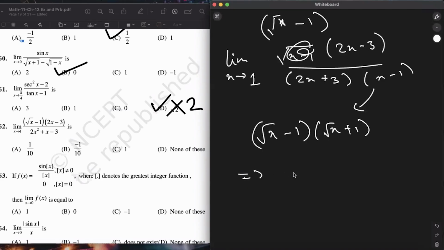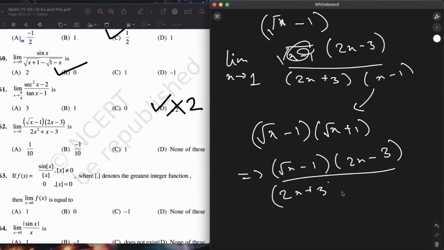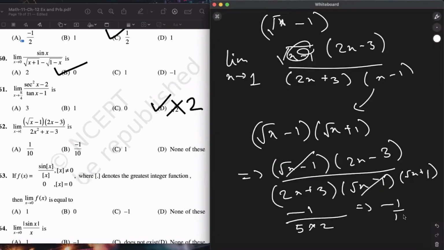So under root x minus 1 times 2x minus 3 divided by 2x plus 3, and there is an under root x minus 1 and there is an under root x plus 1. And my limit for x is going to 1. So 2 minus 3, there's a minus 1 over here, and 2 plus 3, 5, and into 2, so minus 1 by 10. This will be the answer.